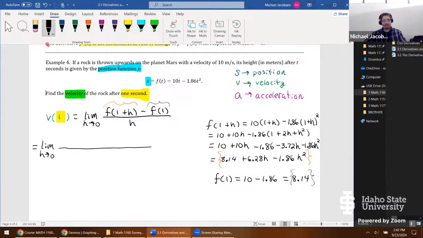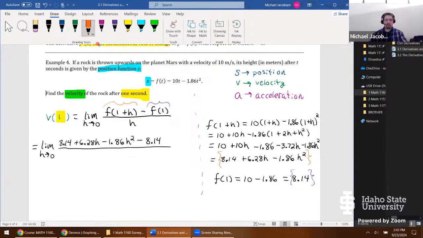Pretty decent fraction this time, it looks like. So first substitution orange will be this one, 8.14 plus 6.28h minus 1.86 h squared. Finally, we'll take minus, see the value in the purple bracket, 8.14 when we calculated that.